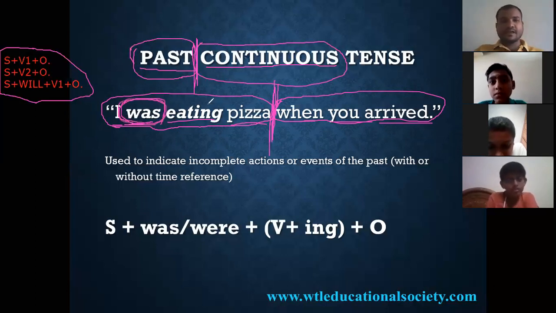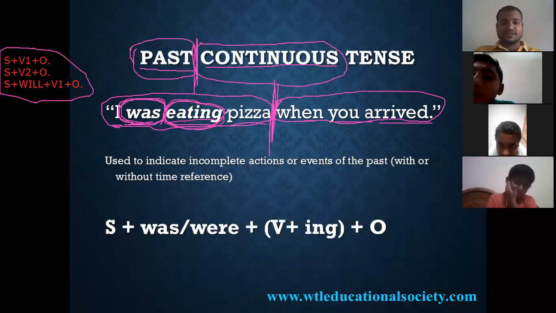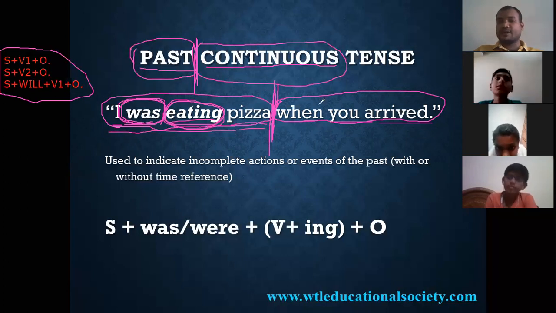Eating is a verb, present continuous: subject plus V1 plus ing, which is nothing but the present participle. So I was eating pizza, this part alone can be used as past continuous. You don't need to worry about the second part.